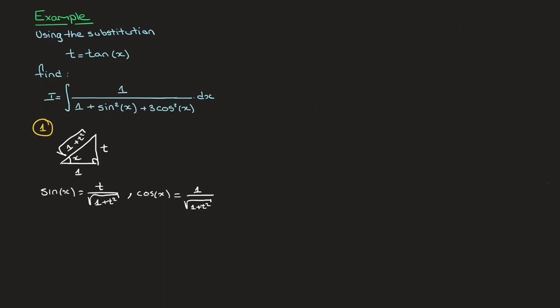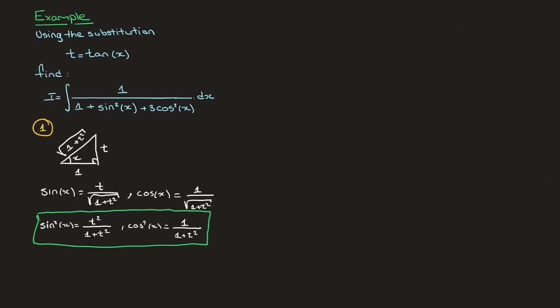Indeed, we can now see that sine squared of x is equal to t squared over 1 plus t squared, and cosine squared of x is equal to 1 squared, so that's 1 over 1 plus t squared. And now using these two expressions, we'll be able to rewrite sine squared of x and cosine squared of x in terms of t.